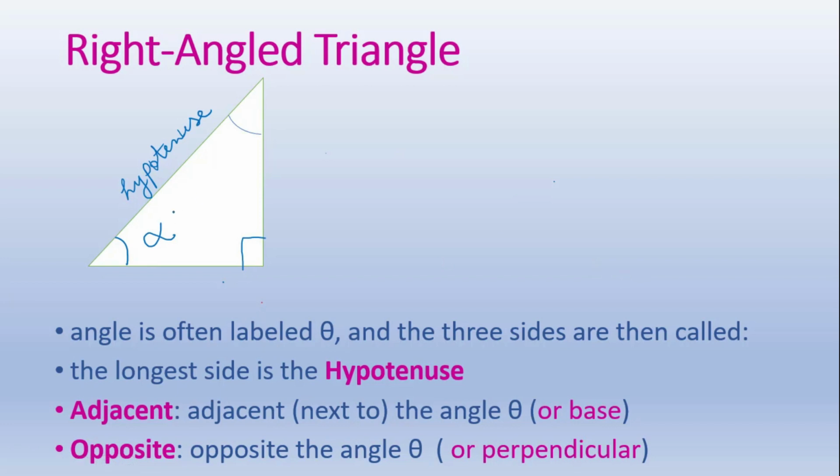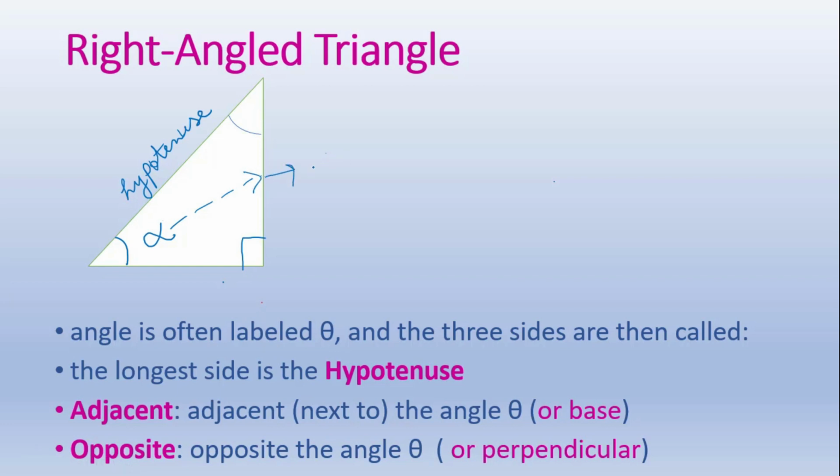Now suppose instead of the previous angle, I am studying this angle in this right angle triangle. This is the 90 degree angle, so opposite to it will be the longest side, the hypotenuse. But your adjacent side and opposite side will change. Now this is the angle alpha. Opposite to angle alpha, which side do you have? This side.